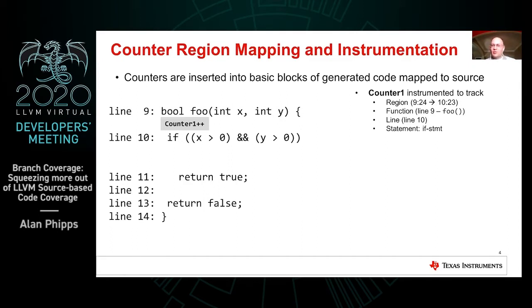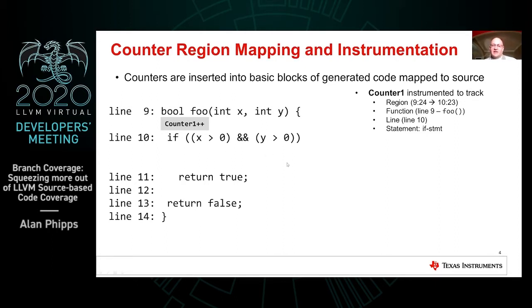I'm calling it counter 1. This counter can be used to track function coverage, so it will increment if this function is executed. It can be used to track line coverage for line 10, which contains the if statement decision. It can tell us whether or not the if statement itself was executed.